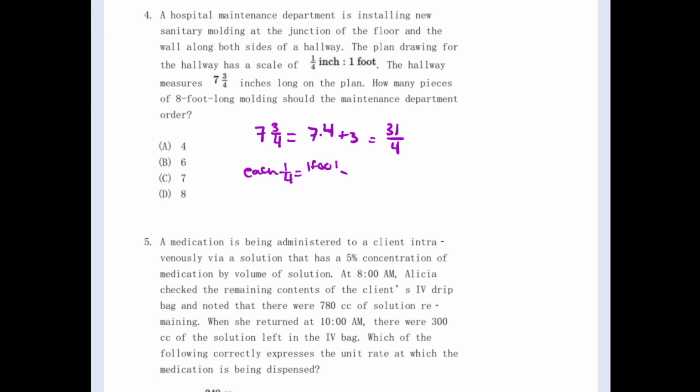Then we know that the scale needs to be 1/4 of an inch for every foot. So we're then going to convert that to 31 feet, because we have 31/4 divided by 1/4. That's why we have the 31/4. So roughly what we need is 4.